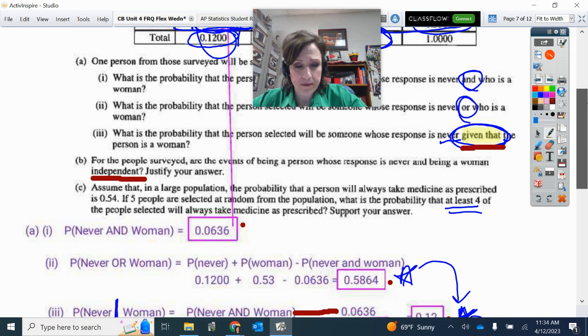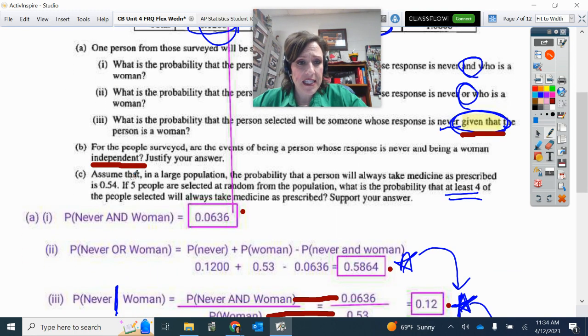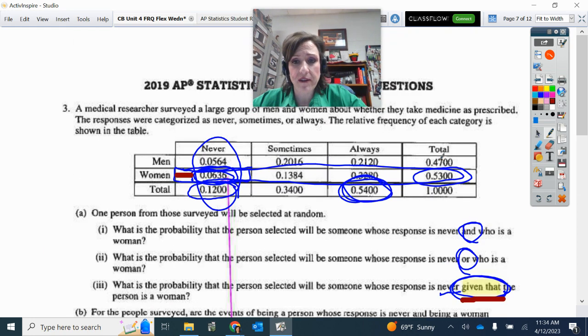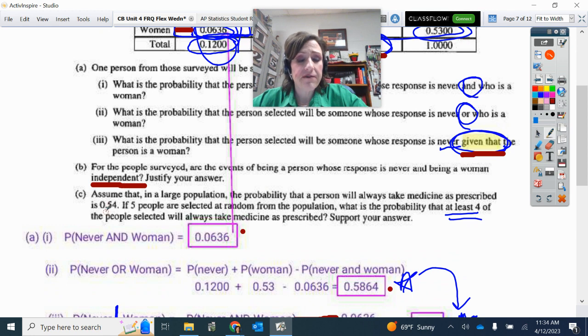Now let's go to part C. Part C says, assume that in a large population, the probability that a person will always take the medicine as prescribed is 0.54. So that's just reiterating what we have here. If 5 people are selected at random from the population, what's the probability that at least 4 of the 5 people will always take their medicine?